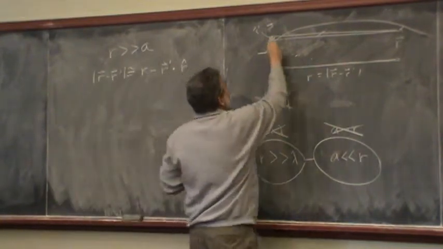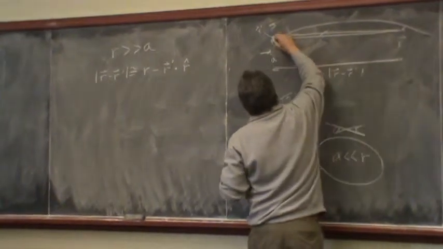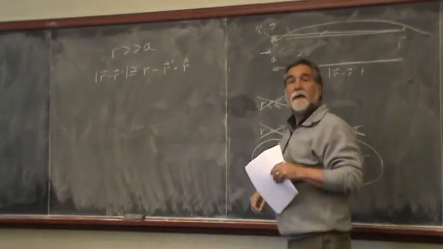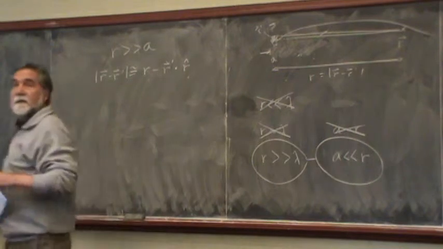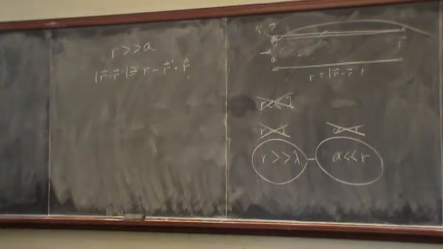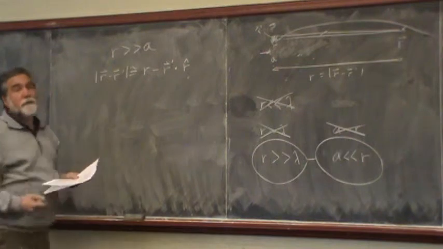I've got a vector that goes from here to there, and a vector that goes from there to there, and this is the correction that I would apply due to where I am in the distribution, okay? If this isn't true, you're going to have to do the integral.